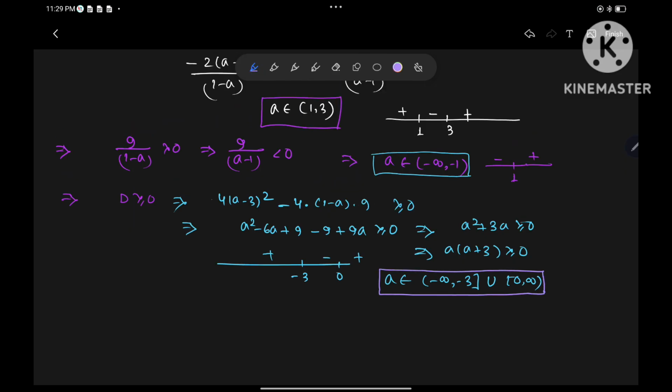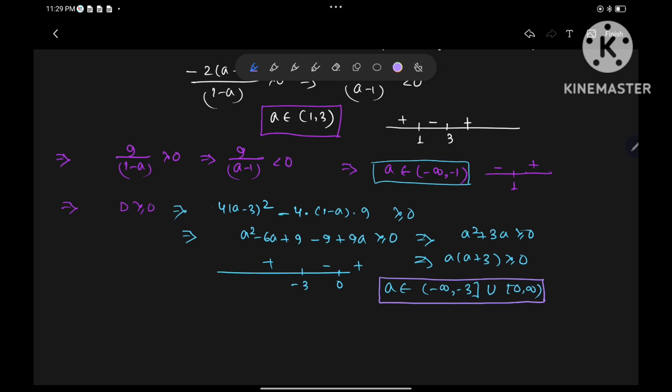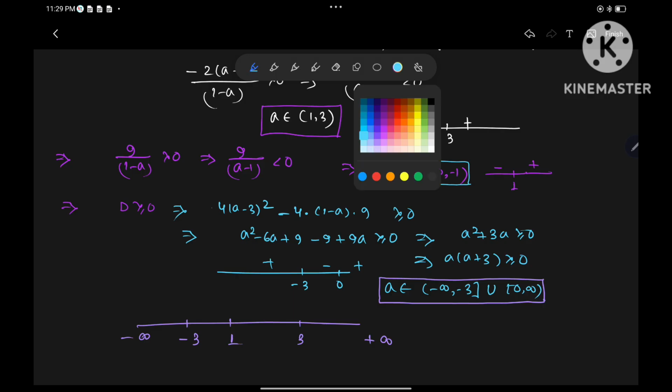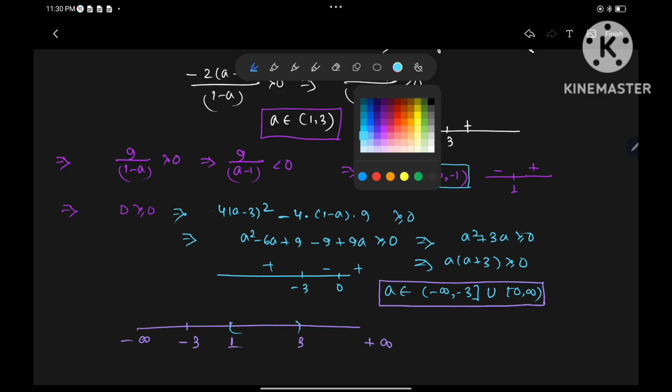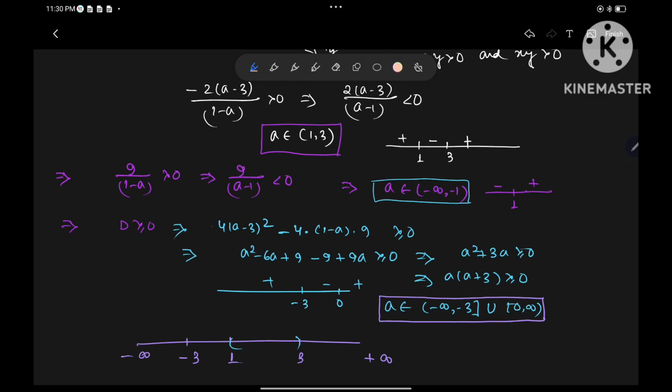With these 3 ranges we can take the common. Let us put minus infinity, then plus infinity, let that be 1, then 3, and let that be minus 3. So in the first one a is in the interval 1 to 3, and in the second one a is minus infinity to minus 1.